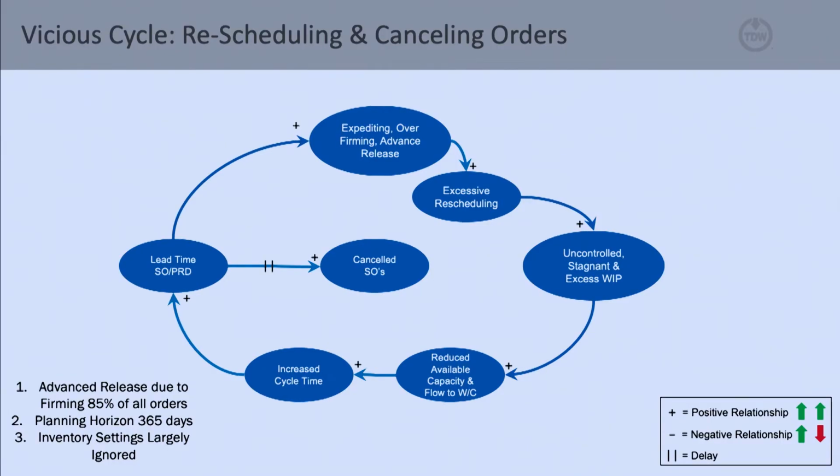So after a while, you get fed up. And so what that ends up doing, after a time delay, is your customers stop ordering from you. They cancel their orders, which leads to more uncontrolled, stagnant, excess WIP.